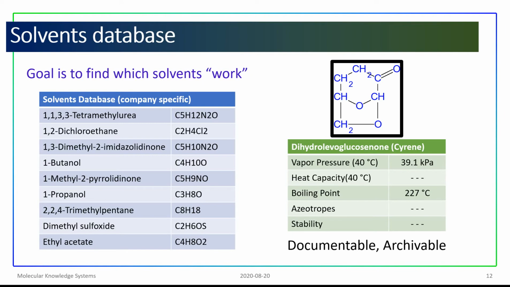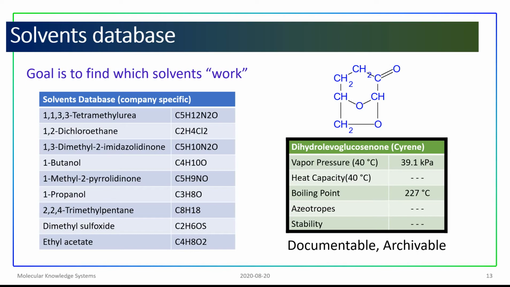So it is very important that a software tool is able to understand and reason about molecular structures, in particular about molecular substructures. We will also often find that the data we need to make decisions is not available. Data such as the physical properties of solvents or the properties of the mixture of a candidate solvent and a product or process chemical. Sometimes we just have to make do with what we have.